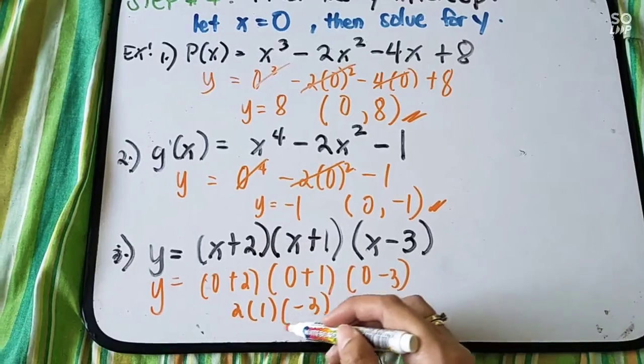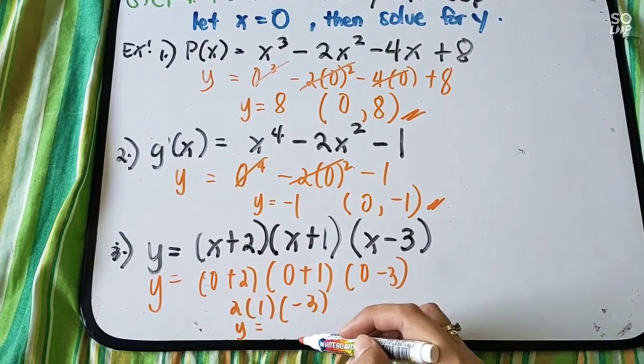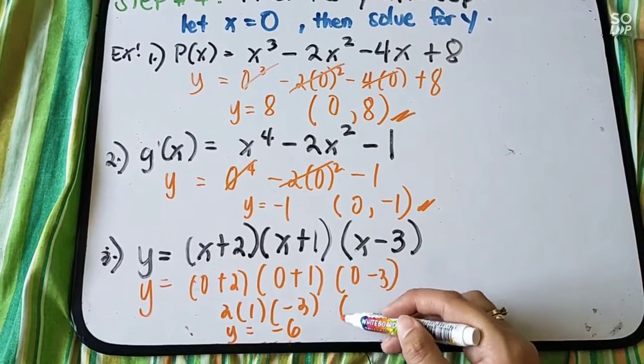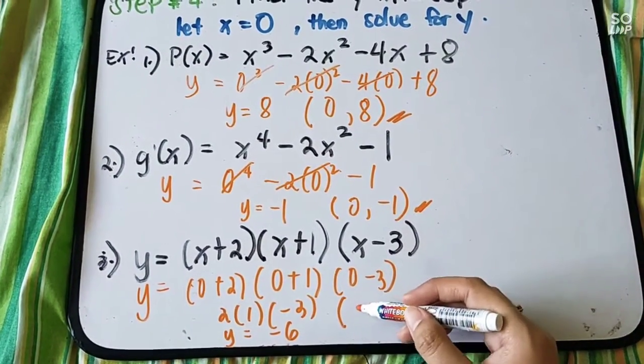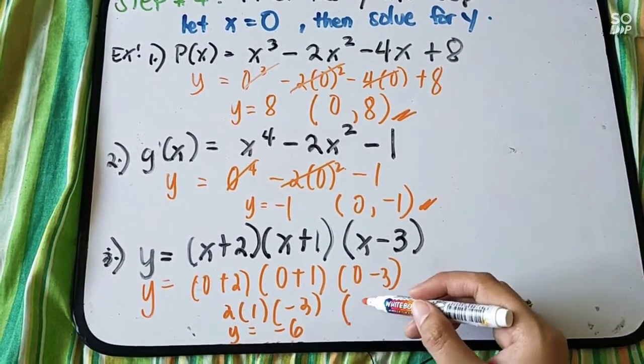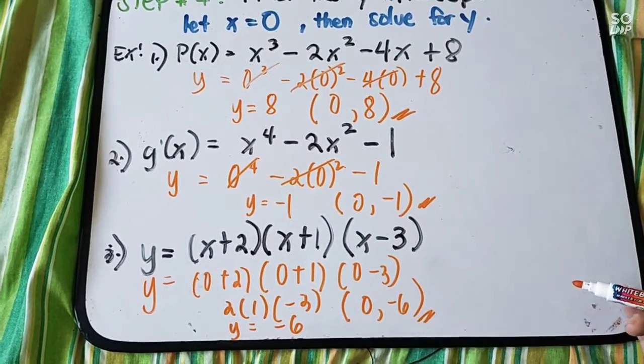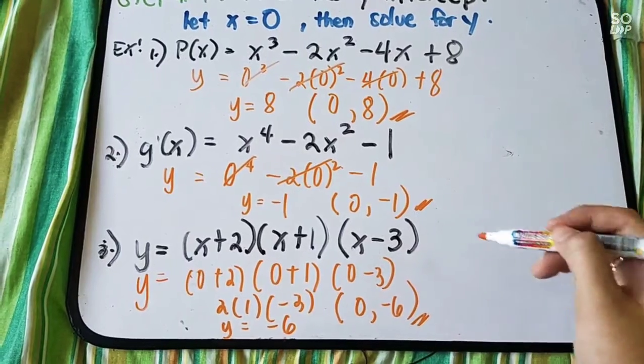Then multiply: y equals 2 times 1 times negative 3, which is negative 6. So, our y-intercept is 0 and negative 6. Is it clear?